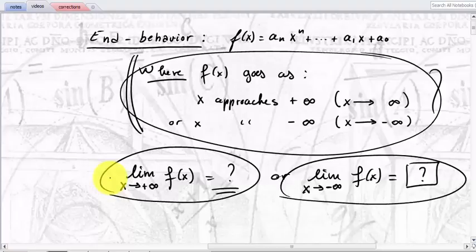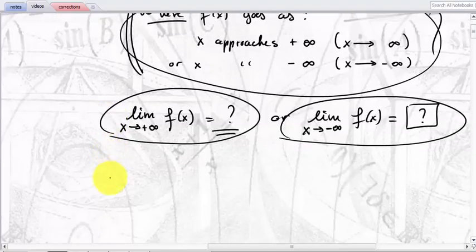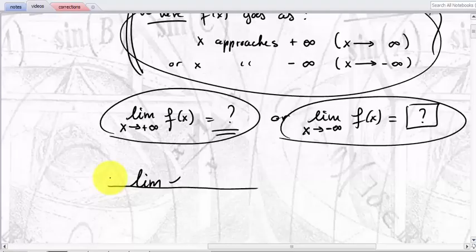This is a very, very important notation. It's not going away. So please make sure, if you have a line on your paper, limit goes right here. F of x is right next to limit, like this, and x approaches plus infinity ought to be written under limit. X approaches, and here I write plus or minus infinity, like this.